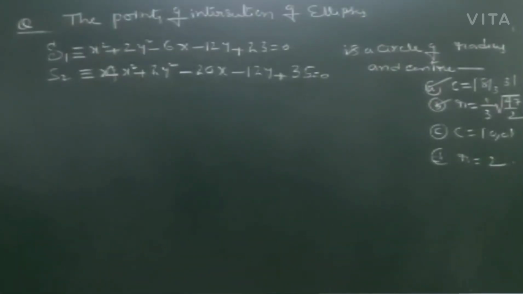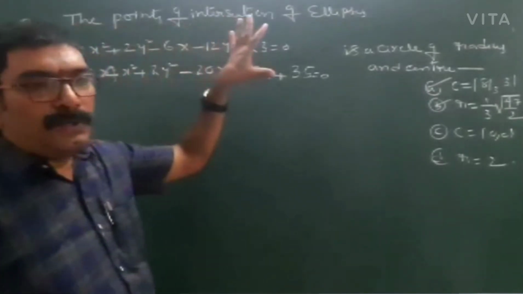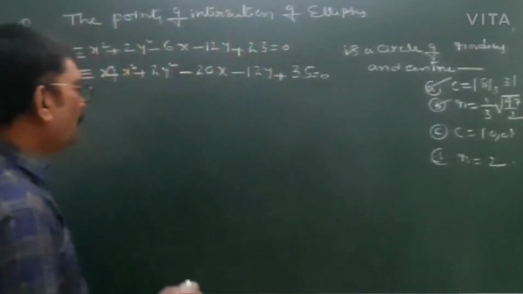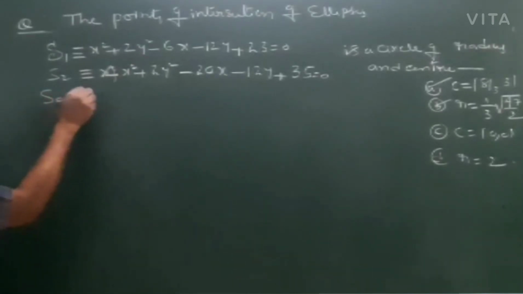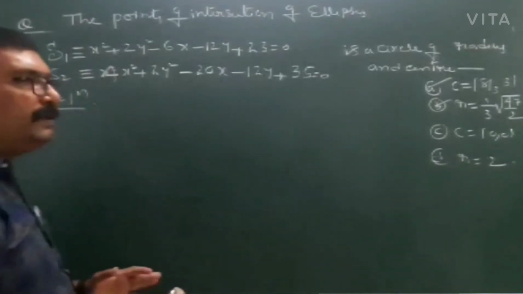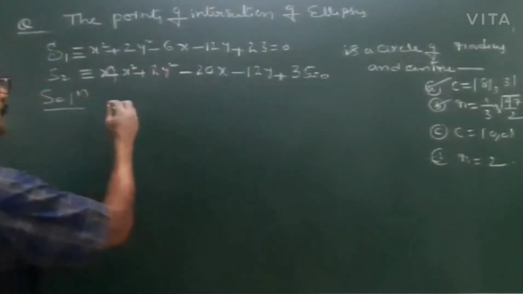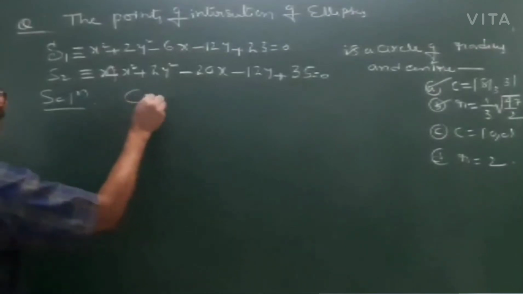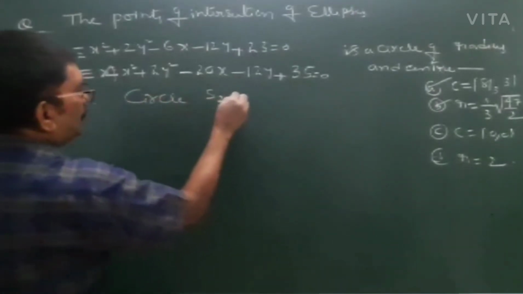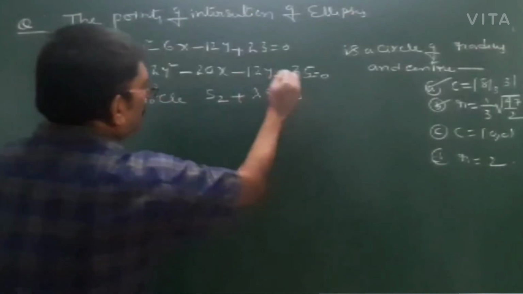Here the points of intersection of two ellipses represented by S1 and S2 lie on a circle of radius and center dash. Now we are given two second degree curves. Whenever we are given such curves, we have to find a circle passing through the points of intersection of those two. The required circle is given by S2 plus lambda S1 equal to 0.